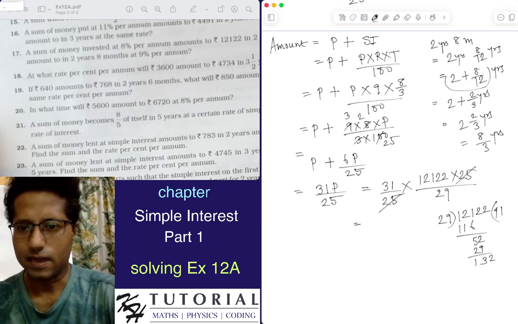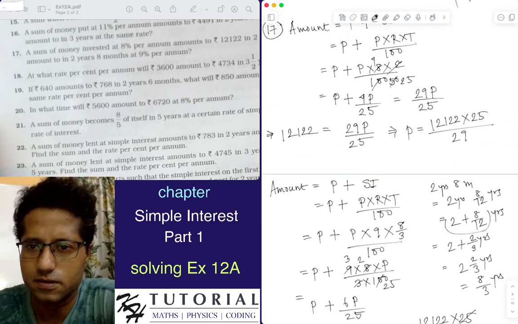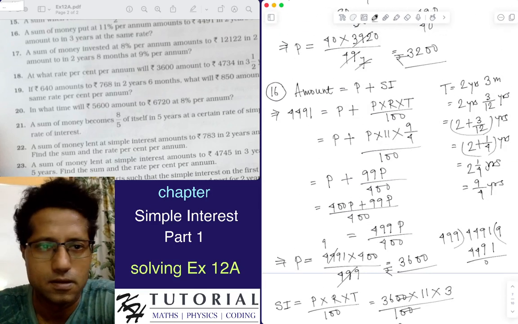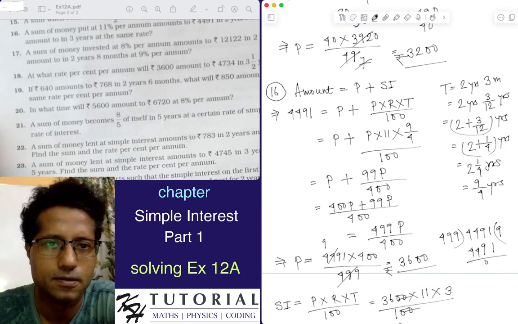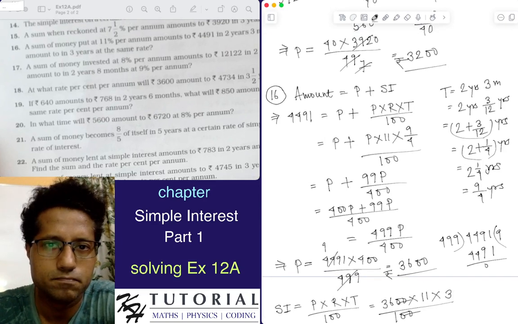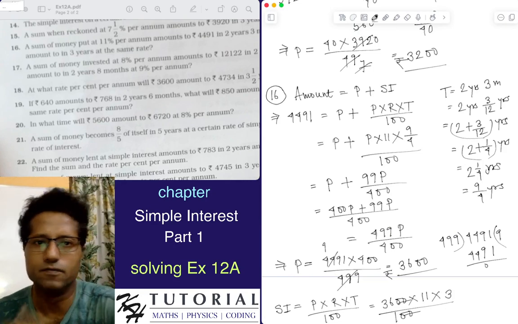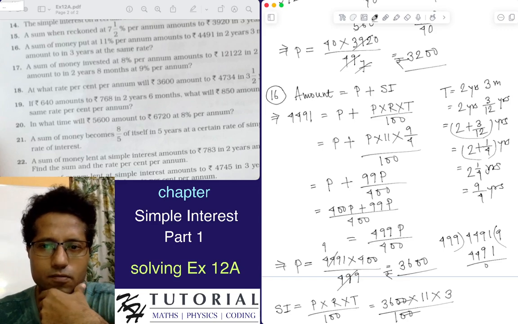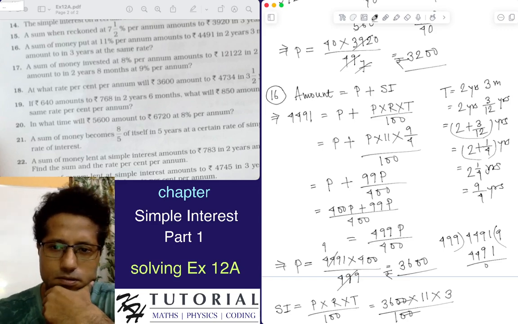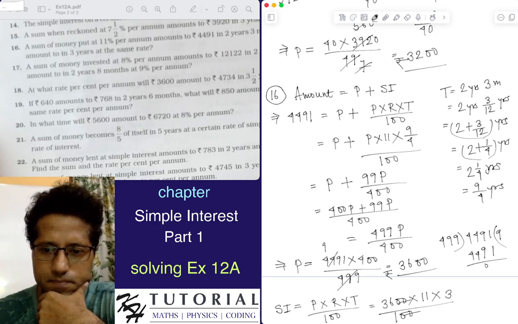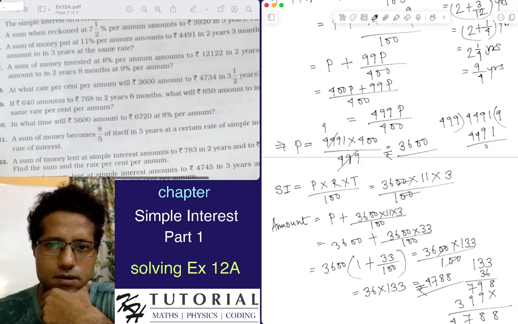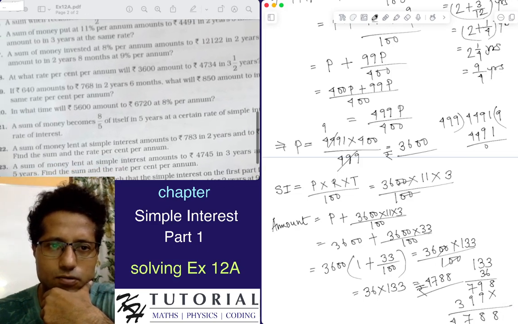I might be making some calculation mistakes, but this is the basic idea. In the first case, for this problem, the rate percent, the amount, and the time are given, so from here we can find P. Then it asks what it will amount to in 2 years 8 months at 9% per annum.